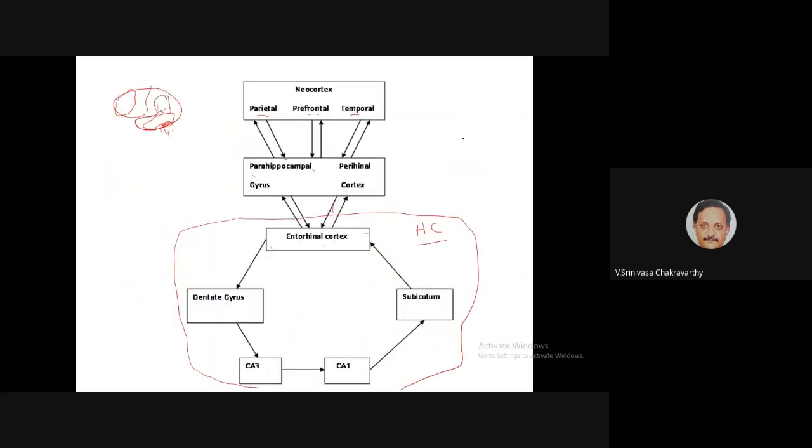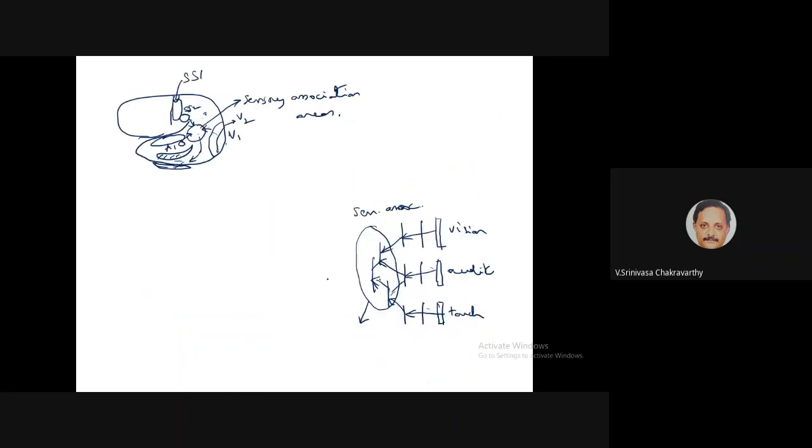In this picture, forget about prefrontal, parietal and temporal; you project to two other cortical areas, the parahippocampal gyrus and the perirhinal cortex.